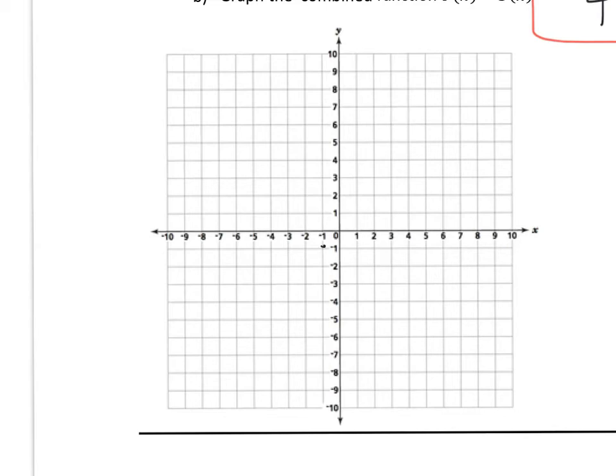So like right about here. And then 0, 3, 1, negative 1. And those are the only ones that really fit on this graph. So from here you're going to draw your parabola, and you're done.